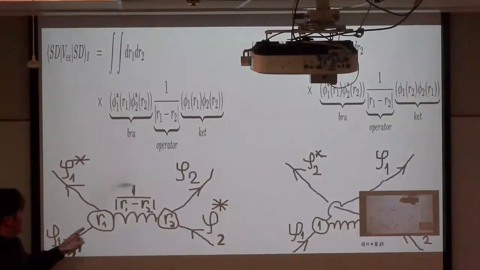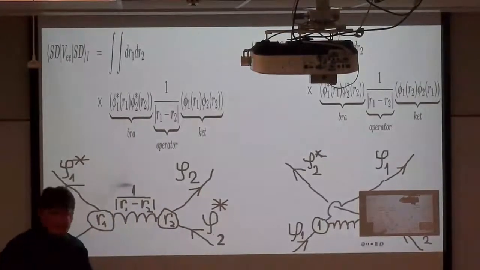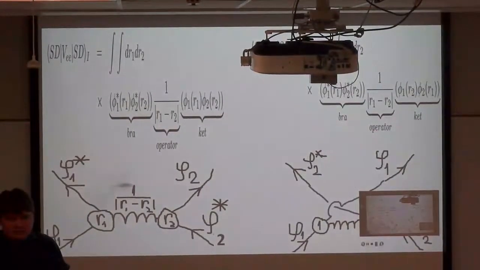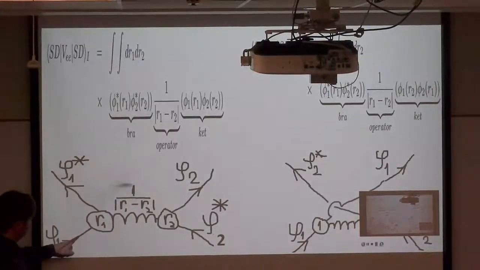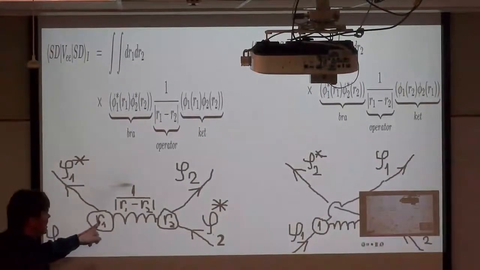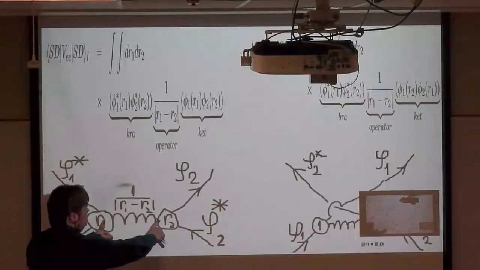And the wavy line means interaction, so it interacts with something. So the electron in orbital 1, time is typically oriented up for all, propagates, and then it experiences repulsion from the second electron.